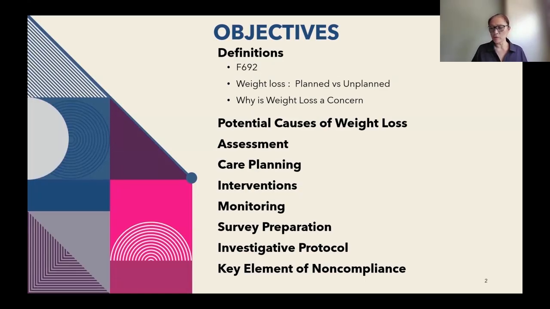So the objectives for today's presentation are: we're going to go over the definitions of 692, the difference between weight loss planned versus unplanned, why weight loss is a concern, and then potential causes of weight loss, the assessment portion, care planning, interventions, monitoring, survey prep, the investigative protocol, and then the key elements of non-compliance.